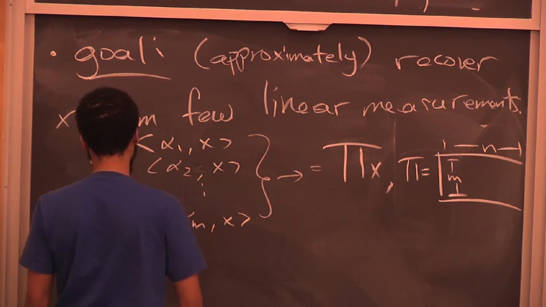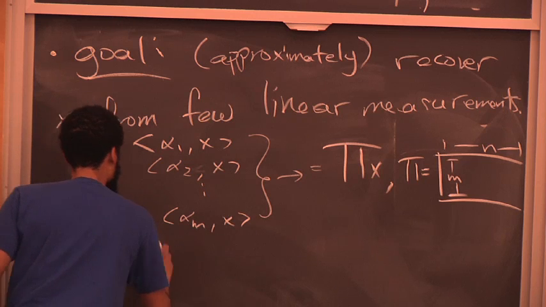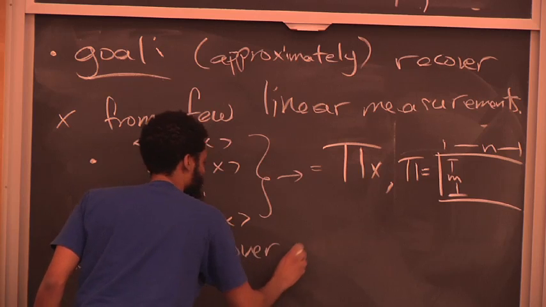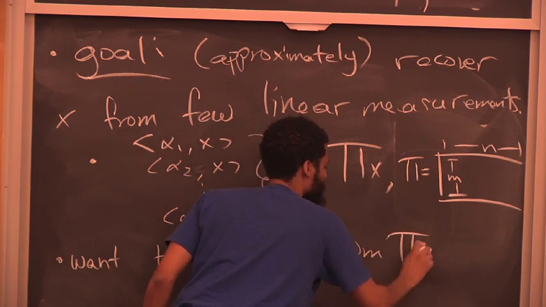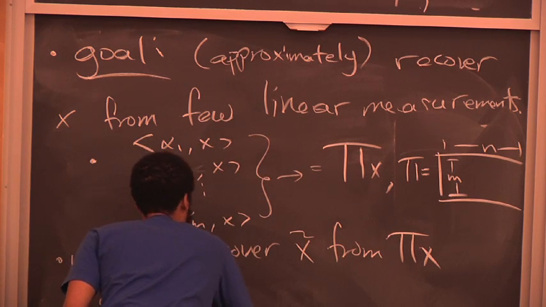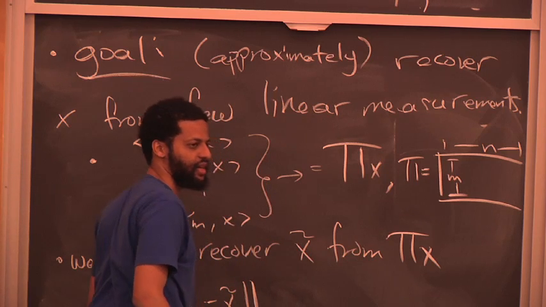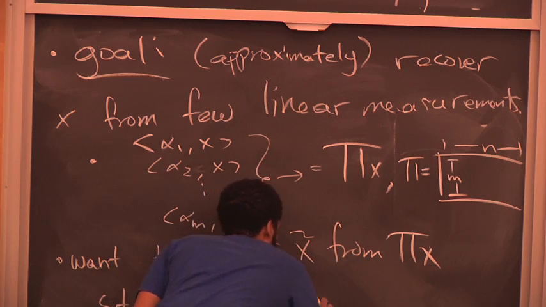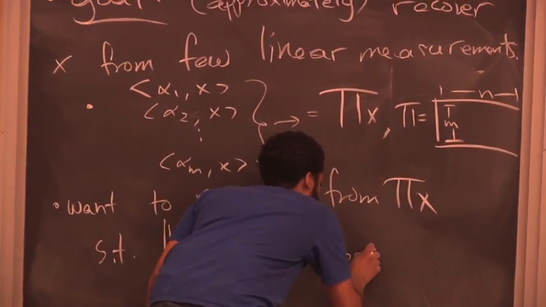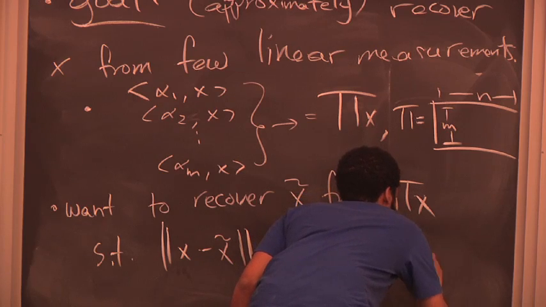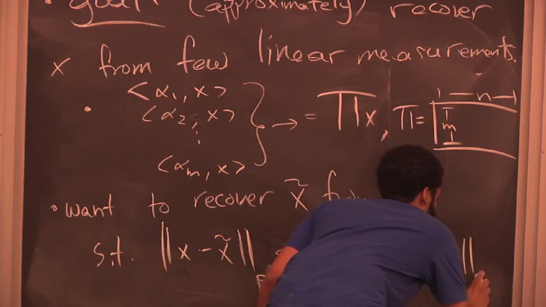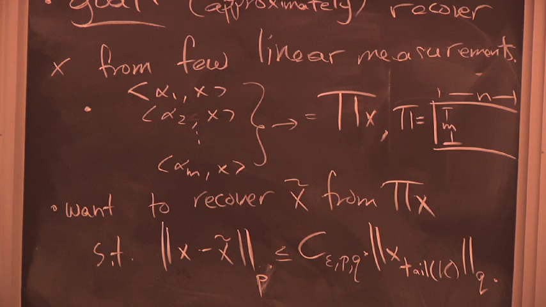So what I want is to recover x tilde from pi x such that the norm of x minus x tilde, say the Lp norm, is at most some constant epsilon_{p,q} times the Lq norm of x tail k, for some p and q and some constant that depends on these things.